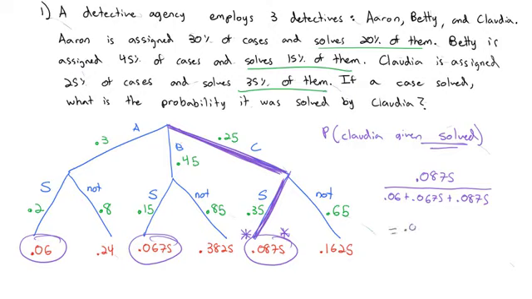If we add those together, we get 0.0875 divided by 0.2225 to get a probability of 0.3933. If this case was solved, there's almost a 40% chance that it was solved by Claudia. That is how Bayes' theorem works.